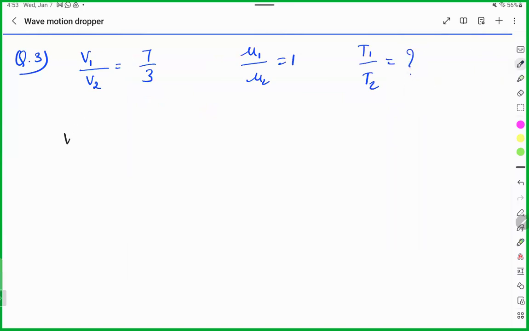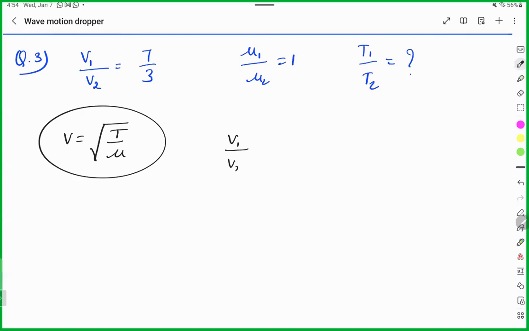Because you know velocity is equal to the square root of tension by nu. So V1 by V2 is equal to the square root of T1 by T2 and nu1 by nu2.